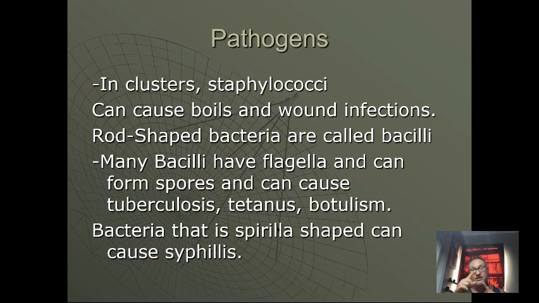Flagella is the tail-like structure on a cell that helps propel or move the cell. With bacilli, we can have tuberculosis, tetanus, and botulism, and botulism is nothing to play with.